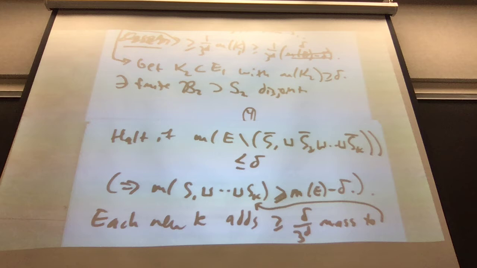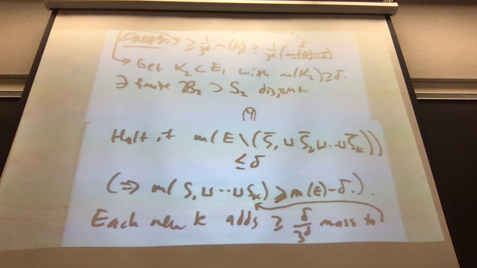So let's look at the proof. Let E be the set of x in [a, b] such that f prime equals 0. This happens almost everywhere by assumption. Okay, the derivative exists and is 0. So the measure of E is equal to b minus a, which is finite.